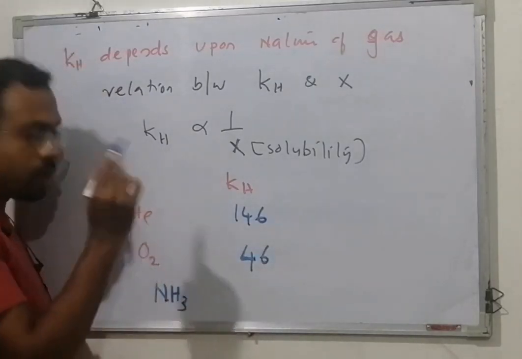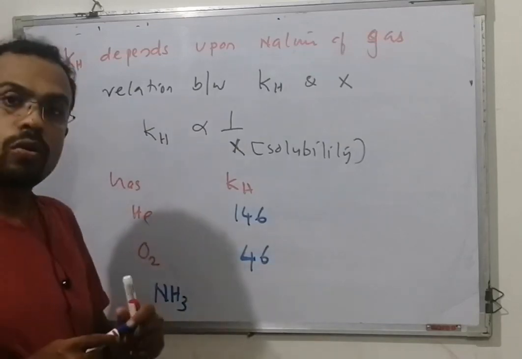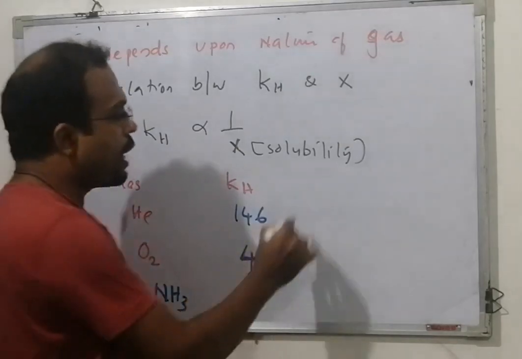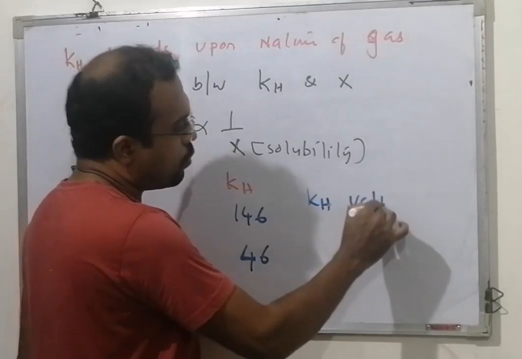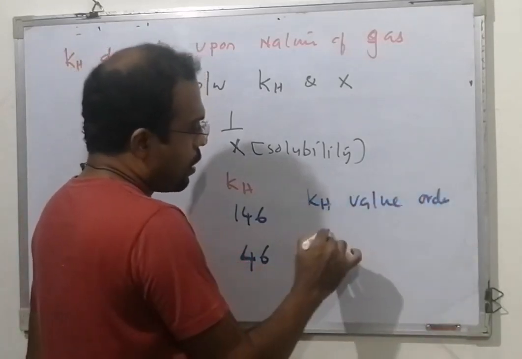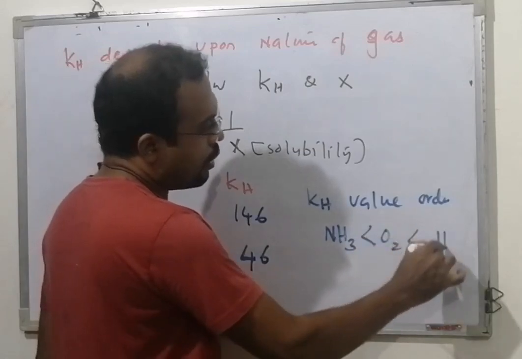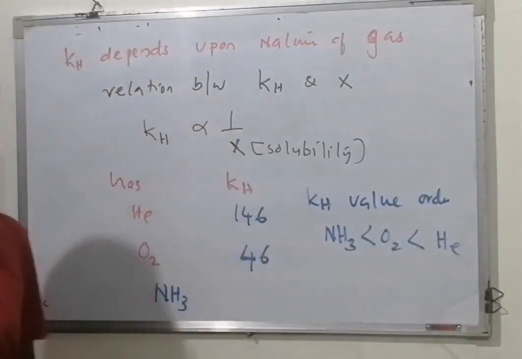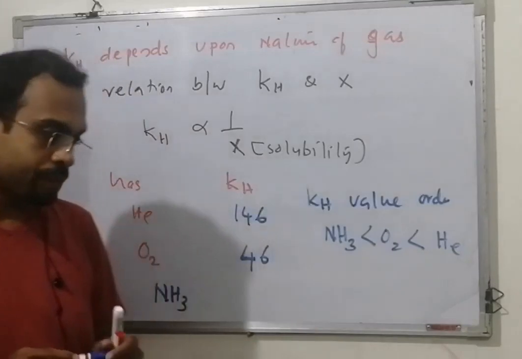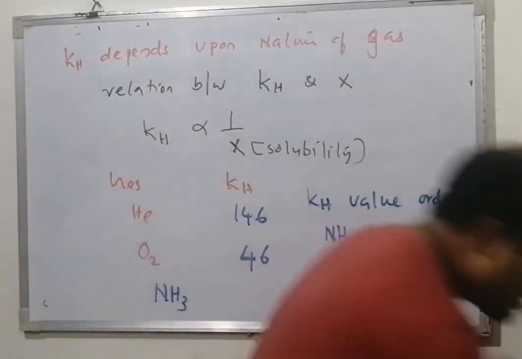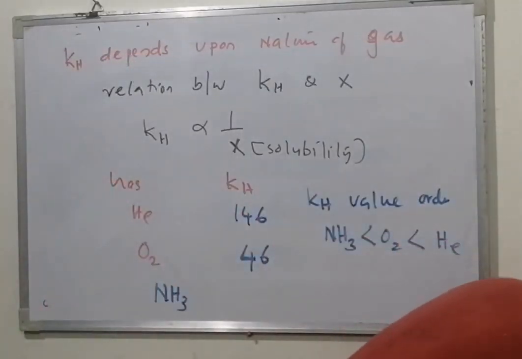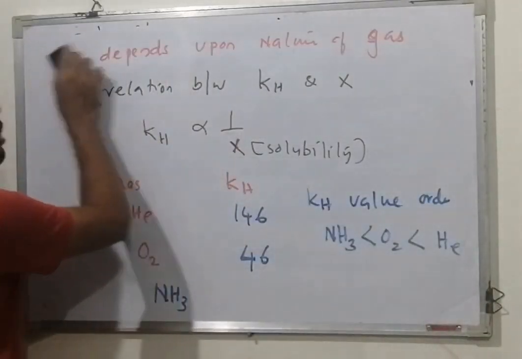Whether ammonia or oxygen is more soluble? Usually ammonia. Therefore, the KH value order is ammonia less than oxygen less than helium. The more the solubility, the less the KH value. These are very important points. We can solve two questions.